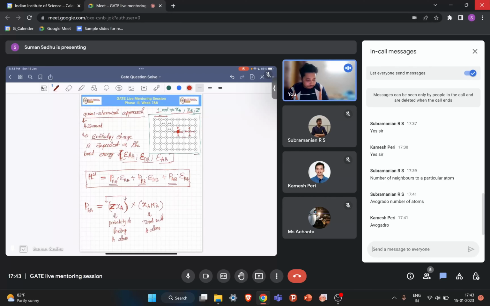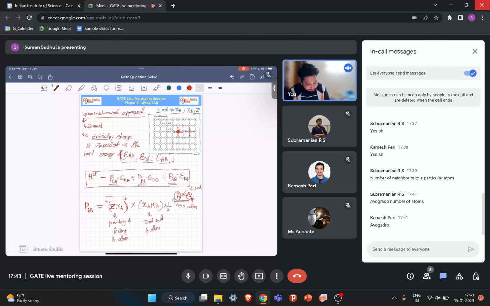But when you are talking about bond between A and A atom, you are considering two A atom together, right? But for two A atom, how many numbers of bond is there? Only one bond, but two atom. Here we are talking about the number of bonds between A and A atom, so you have to find out total number of bonds between A and A. So we have to multiply it by half.